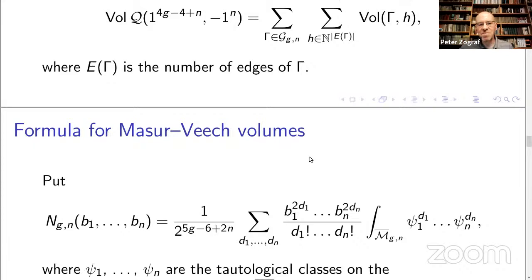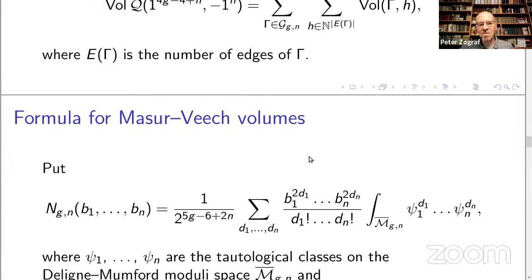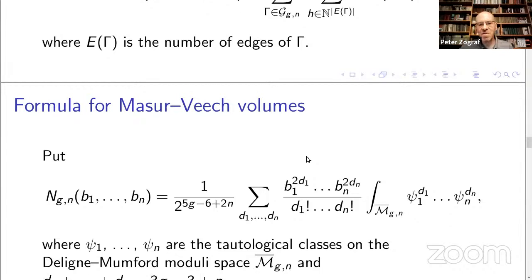For that, we need to introduce certain polynomials N_{g,n} of variables b_1 to b_n that are given by this formula. Here, the integral over the Deligne-Mumford moduli space M_{g,n} of the psi classes is a well-known object.